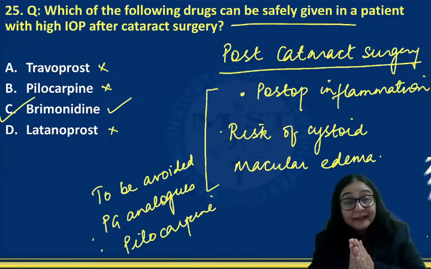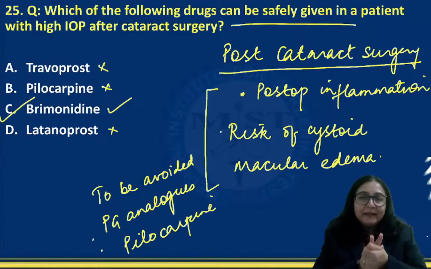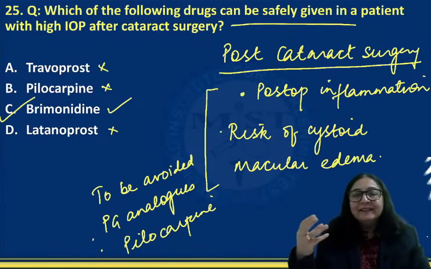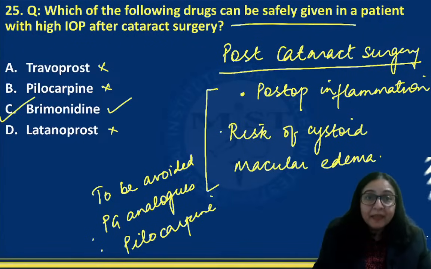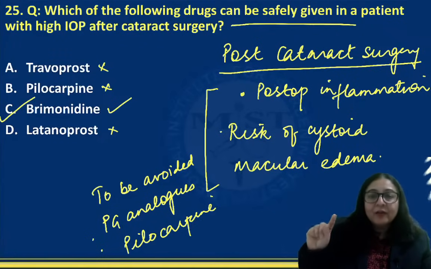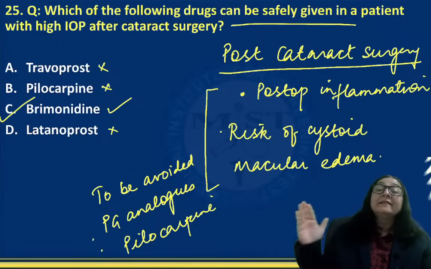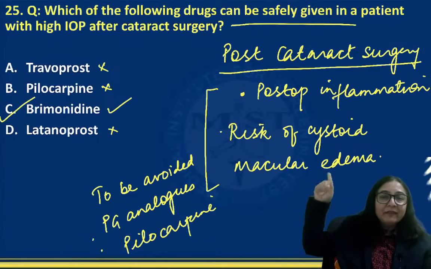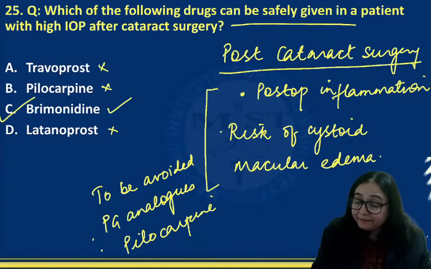Now for all the anti-glaucoma drugs, let me just put in a word. Please do remember the contraindications of the anti-glaucoma drugs, their mechanism of action, and the important side effects. Prostaglandin analogs are the first line drug to start medical therapy of glaucoma unless there is a contraindication. The contraindications for prostaglandin are these two only: uveitis or cystoid macular edema.